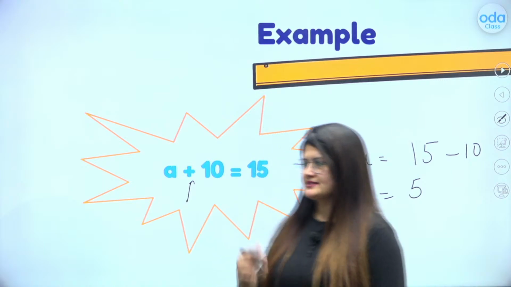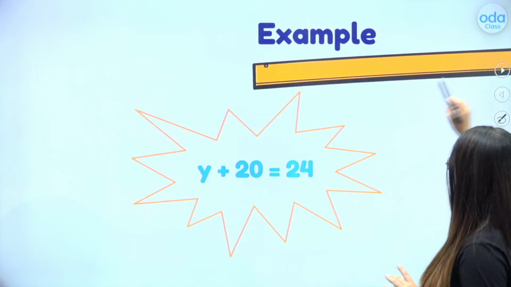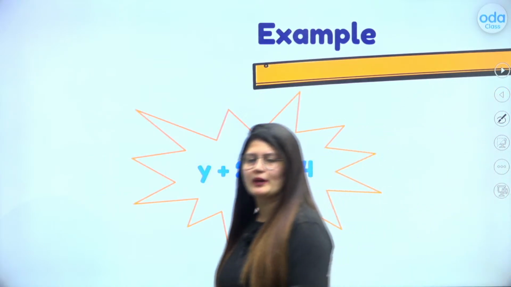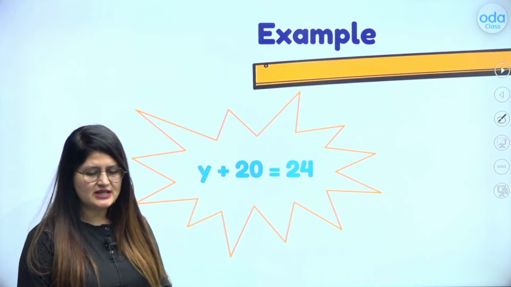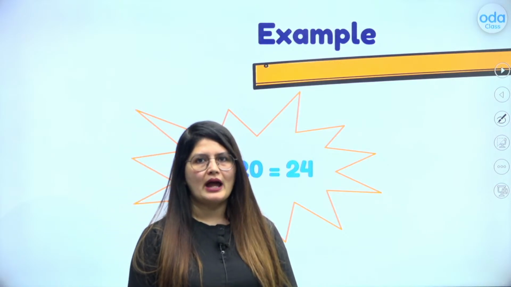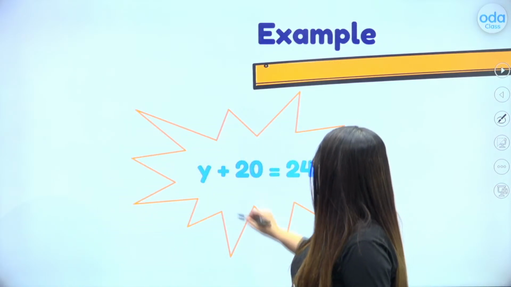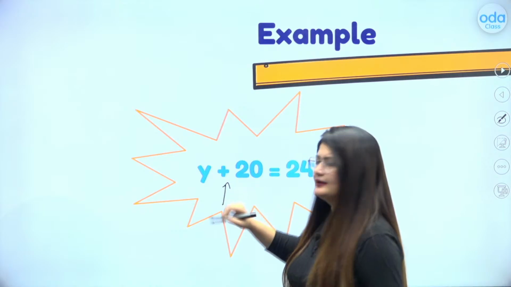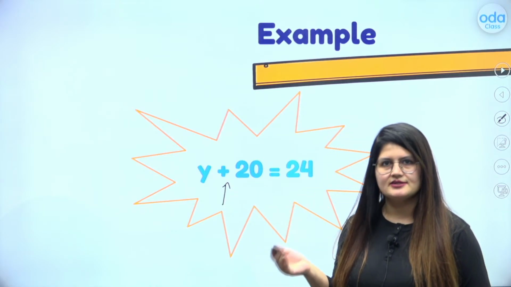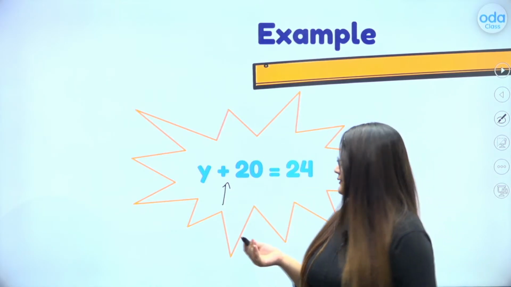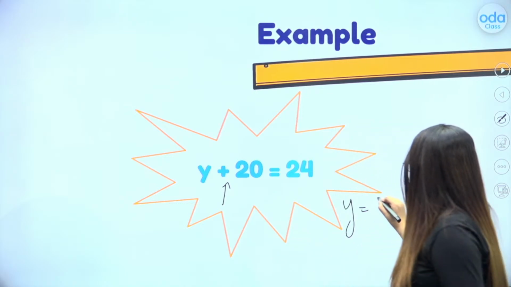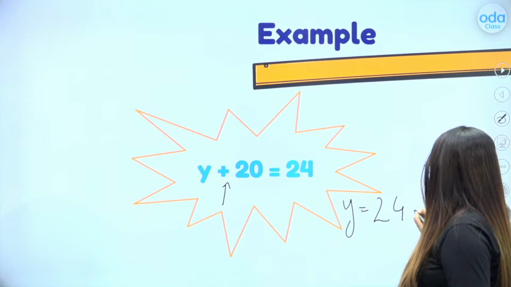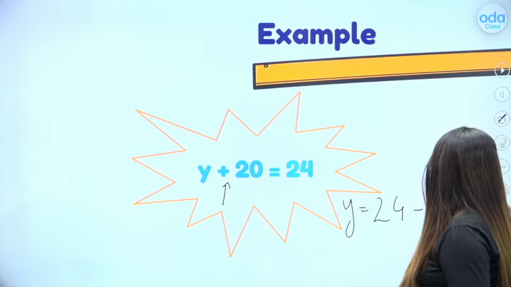Okay, let's have one more question for practice. Let's say we have to do y plus 20 equal to 24. It's important that we are doing all types of questions. As I told you, if there is a plus sign and it is going to the other side, it is going to be a minus sign. So if we have to find the value of y, that is going to be 24 minus 20.